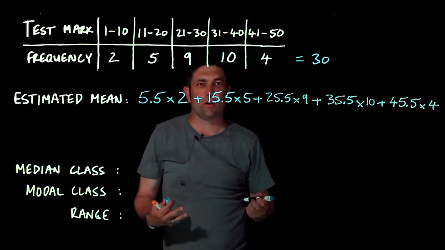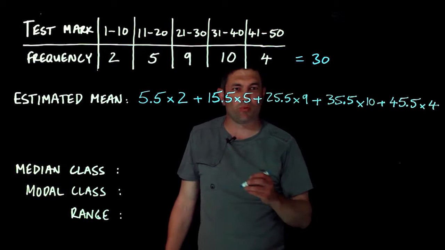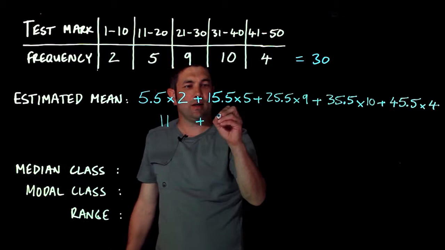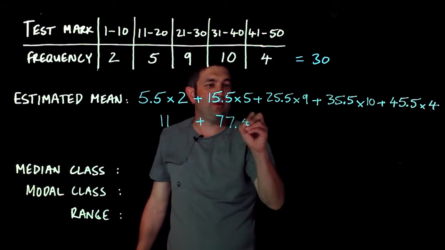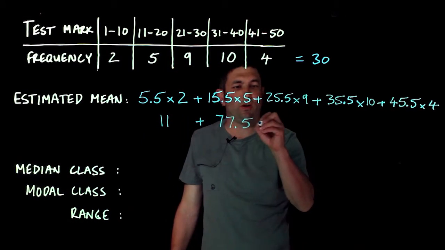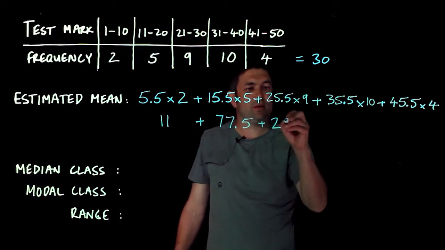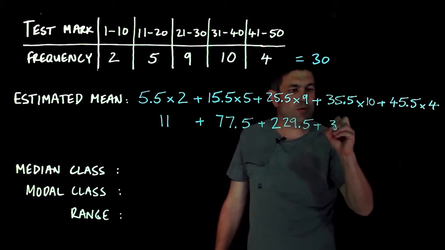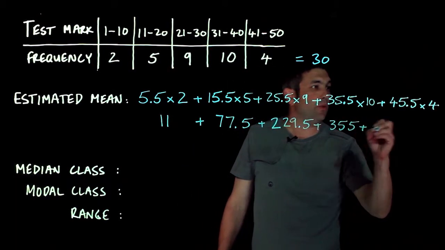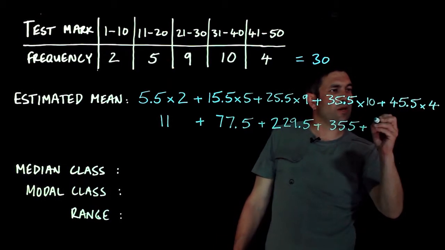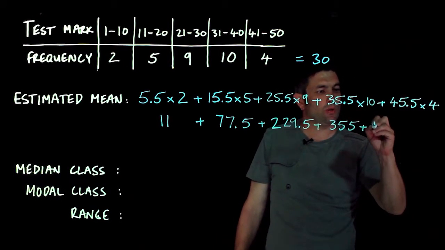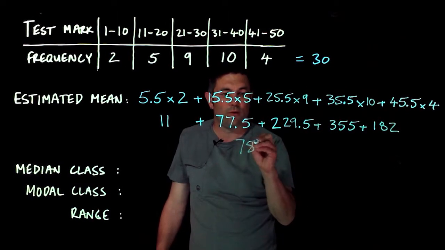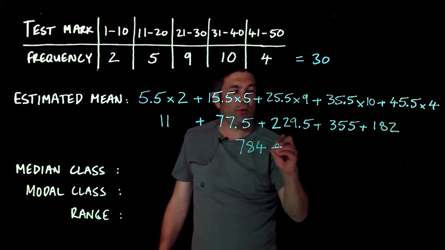Now, we now work these out separately. You'd obviously normally have a calculator. I've got to use, unfortunately, the power of my brain. Okay, so we go 11, we get, what's that, 77.5, 9 lots of 25, 225, so that's plus half of that, 229.5, 10 times that's nice and easy, 355, and with this one we get 45 times 4 is 180, add another 2, so 182, and they add up to 784, and there are 30 bits of data there.